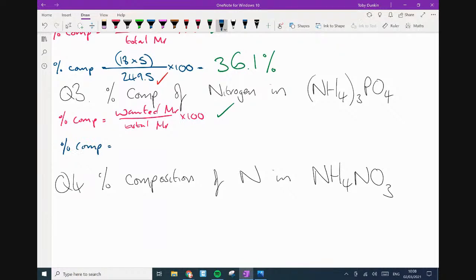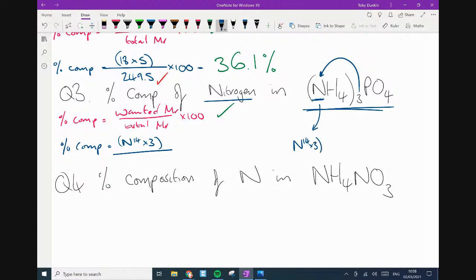Percentage composition equals, what am I after? Nitrogen in ammonium phosphate. There's 3 of them. Nitrogen, which is 14 times 3, all over the total. Gonna have to work out the total of this. So nitrogen is 14 times 3. I'm doing it separately because this number must be the full number.